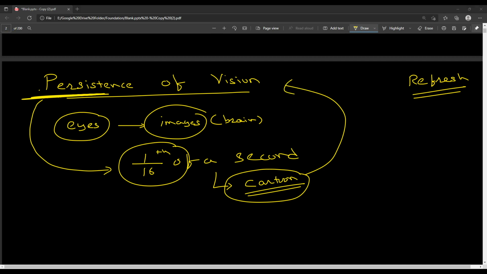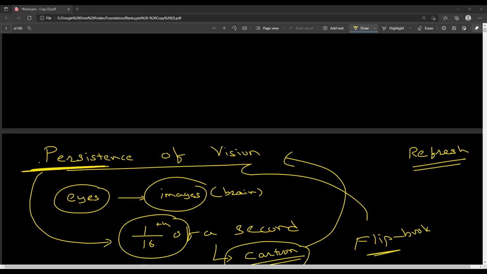You just move the images so fast that it looks like a movie, something like a flip book. A flip book also works on the same principle. You move the images so fast that it looks like a movie is being played. So that is persistence of vision.